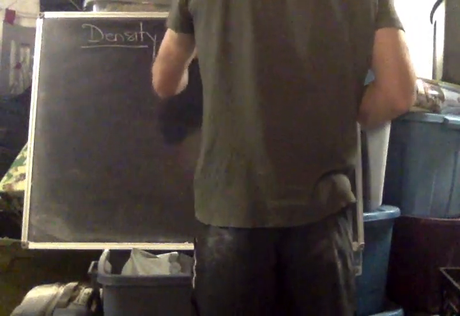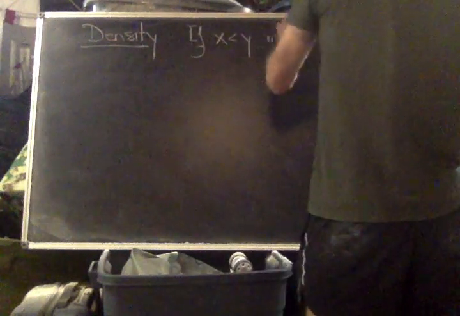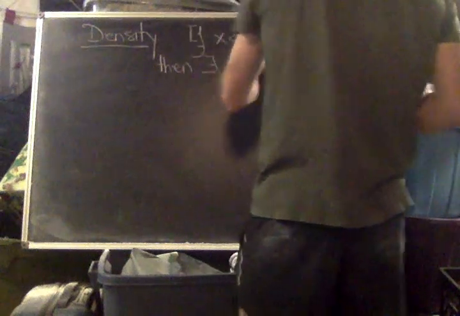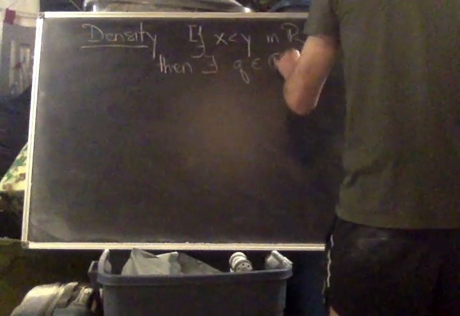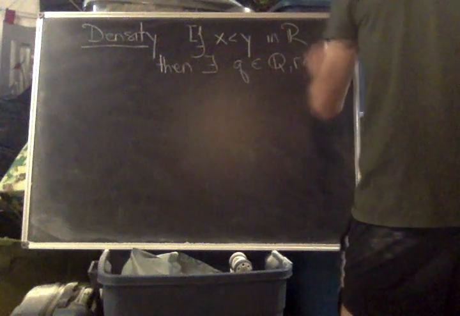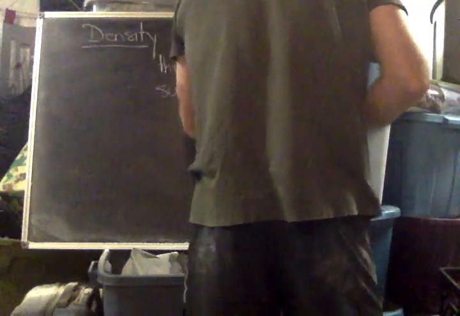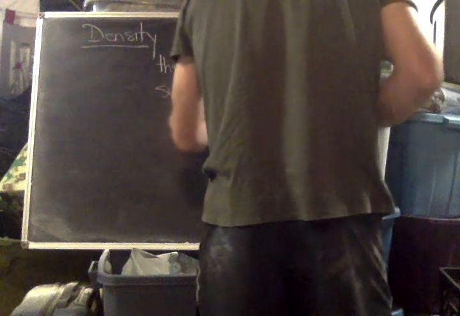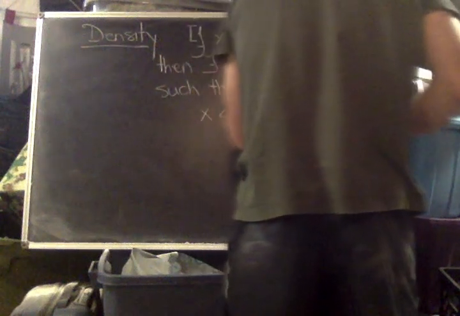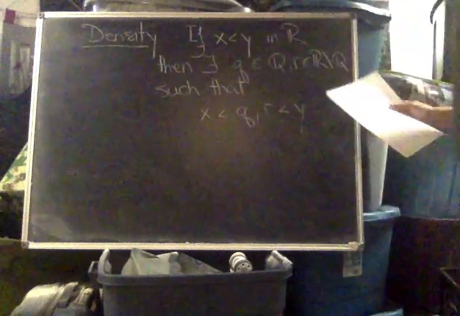It says if x is less than y in R, then there exists a rational number and an irrational number, so that would be an R without Q, such that both this rational number and this irrational number fit strictly in between x and y.